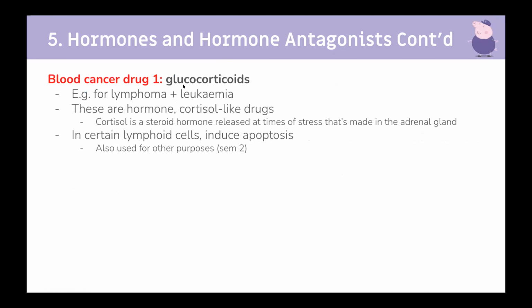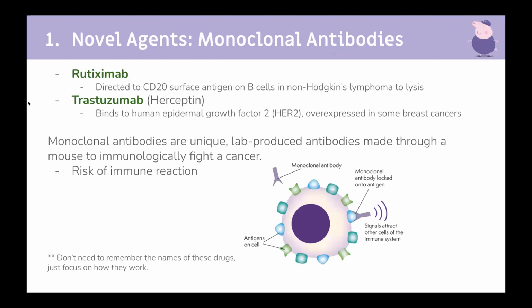Glucocorticoids can also be useful for blood cancers because they can induce apoptosis in certain lymphoid cells. Now looking at novel agents. The first type of novel agents are monoclonal antibodies, and these will end in the suffix mab. These are unique lab-produced antibodies that are made through a mouse, and they immunologically fight a cancer.